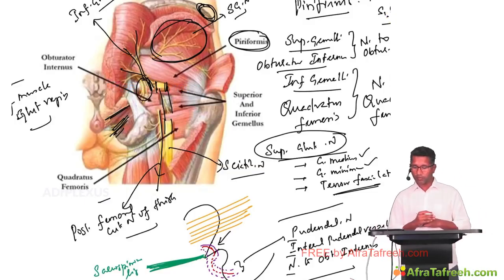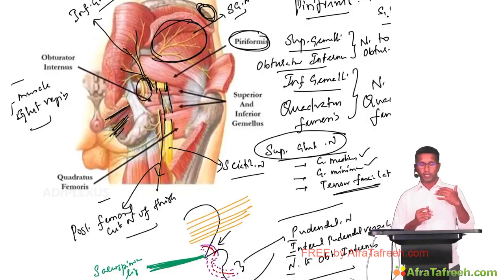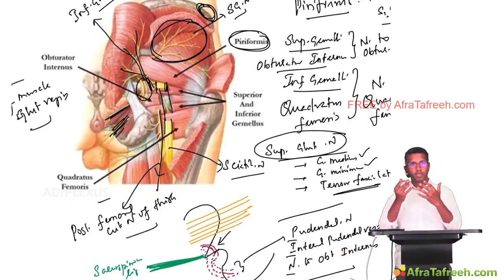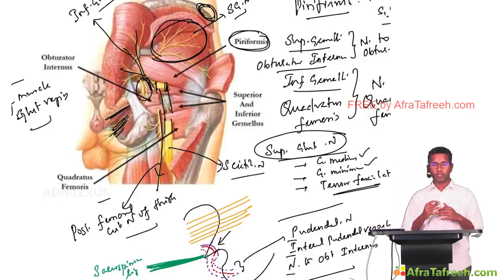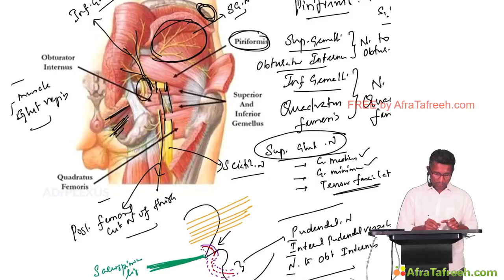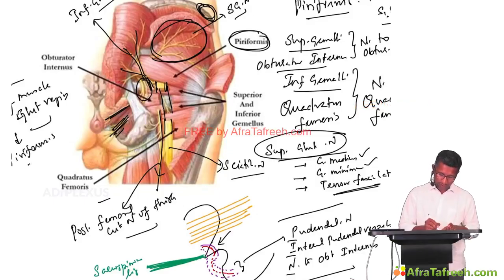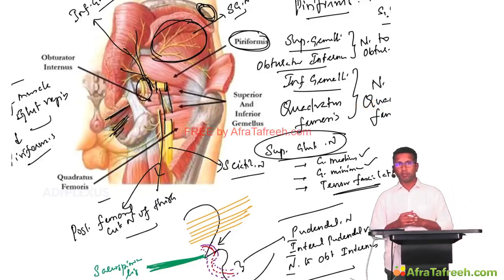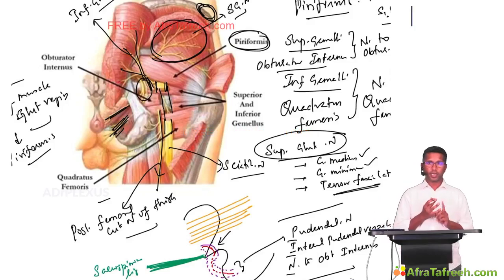Yes, it is piriformis. Very good, Anashwara. Based on the piriformis we classify the structures above the piriformis and below the piriformis. So piriformis is the key muscle of this region. Very good, guys. And always remember, the abductors are medial rotators, and the extensors are the lateral rotators.